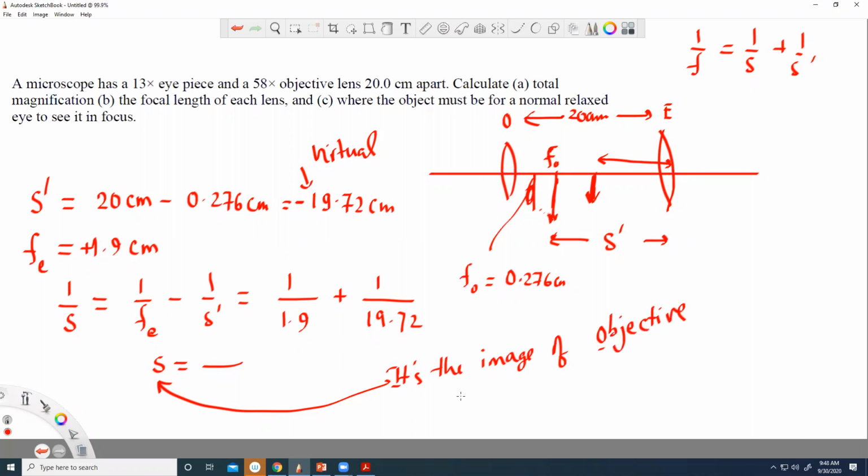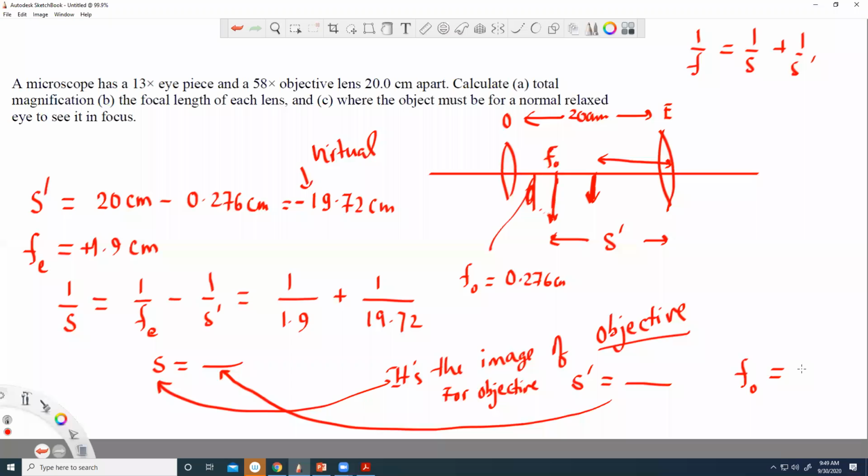So that means for the objective, our S prime would be whatever you get from here. If you guys can give me a number, I can put it there. So that would be S prime. And then we know F O, the focal length of the objective, which is 0.27 something. With that, we can find S.